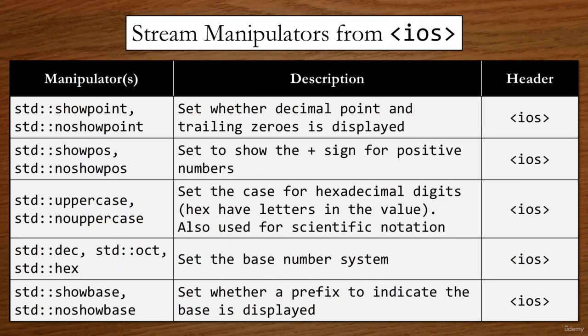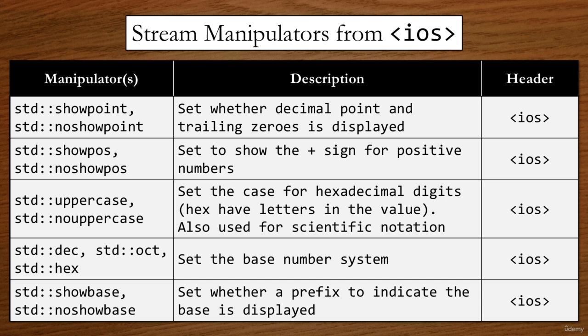A couple more manipulators from the ios file. We have noshowpoint and showpoint, which is going to set whether the decimal point is displayed or not. Another one that we've seen quite a bit here is showpos and noshowpos, which is going to set whether or not we want to show the plus sign for positive numbers. Uppercase and nouppercase is going to set the case for digits for hexadecimal. And then we also have the base number system, which we can change.